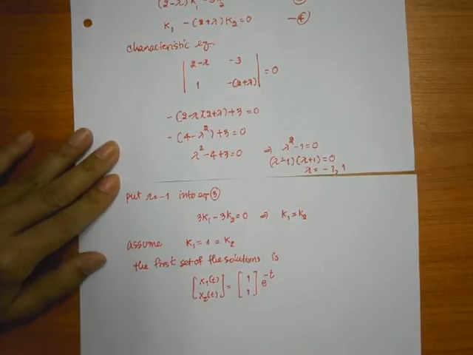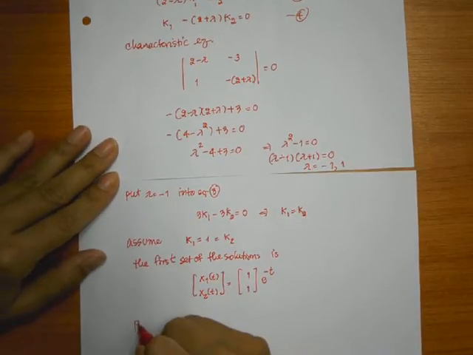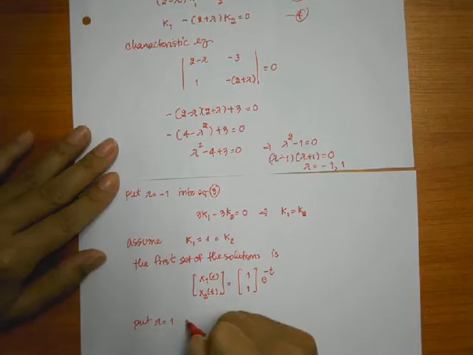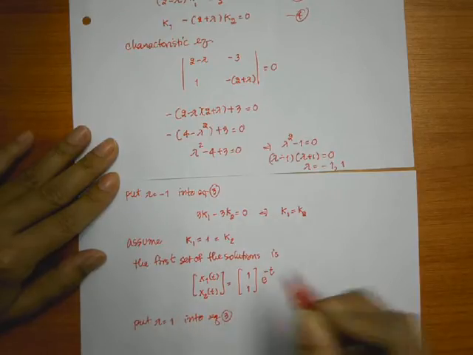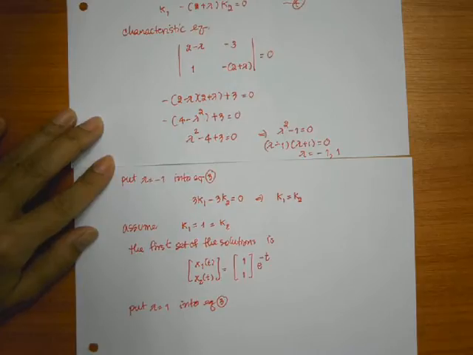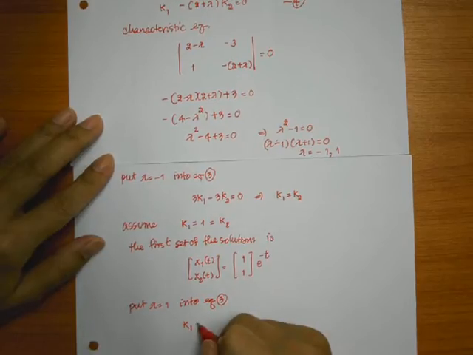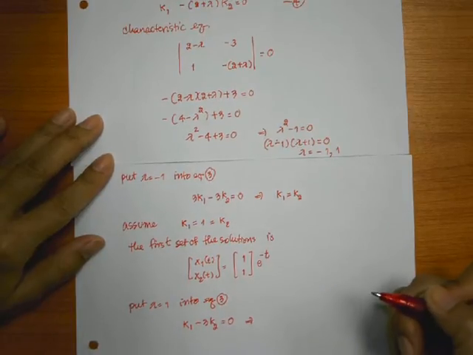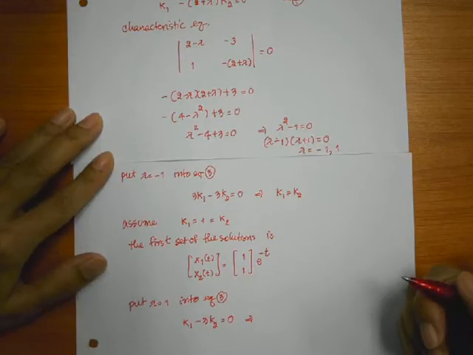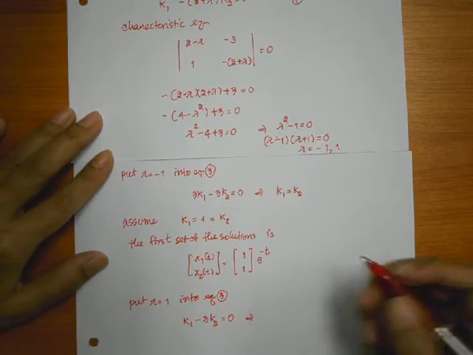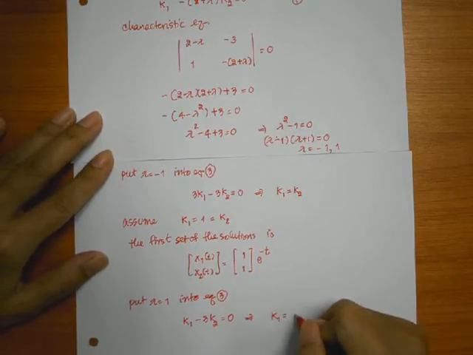And then for second set, we got to put lambda equal to 1 into either equation 3 or 4. So by that, we would get k1 minus 3k2 equal to 0, or k1 is equal to 3k2.